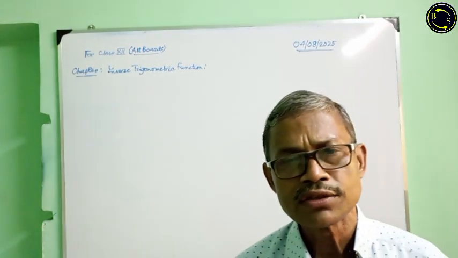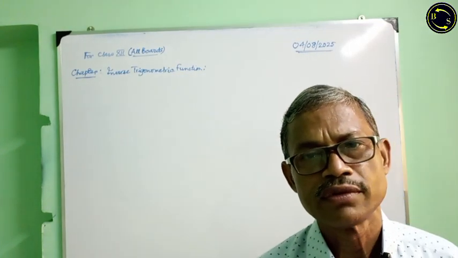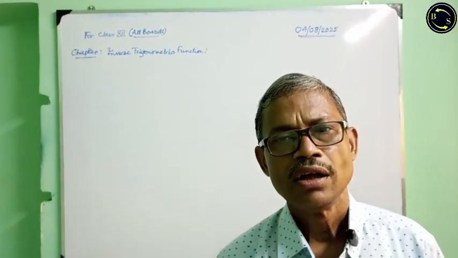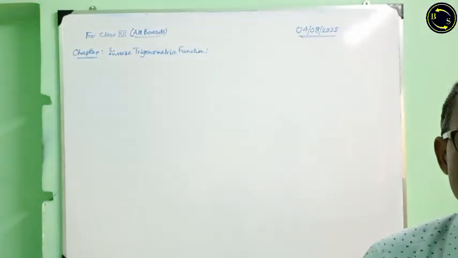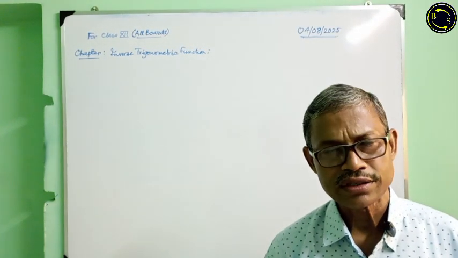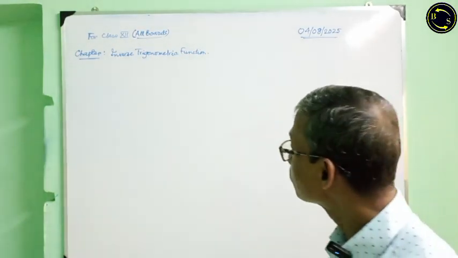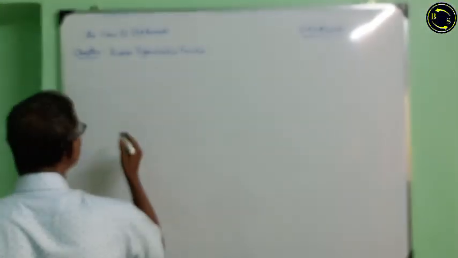And in case of bijective function, say f, what we find is that for every small x in set x, we get small y in set y. Let me represent that with the help of a diagram.